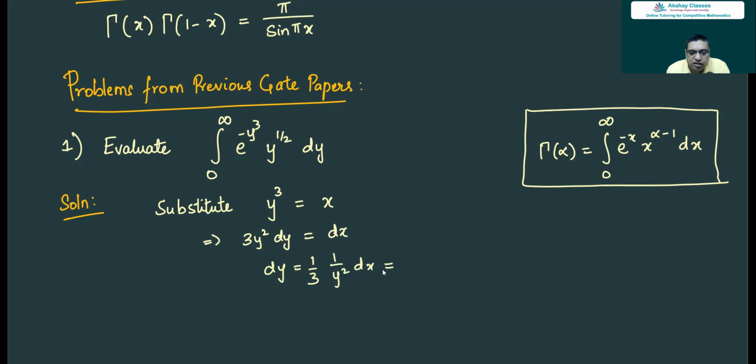Now what is y? It is cube root x. So dy will be 1 by 3 into x to the power minus 2 by 3 dx, replacing y by x to the power 1 by 3 whole square.